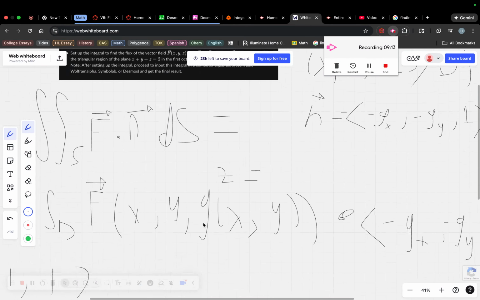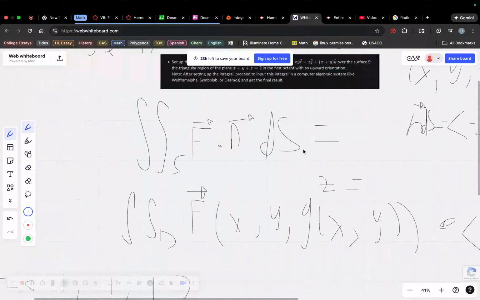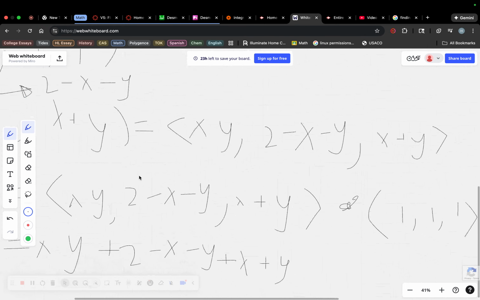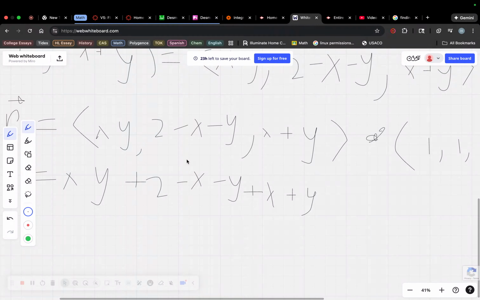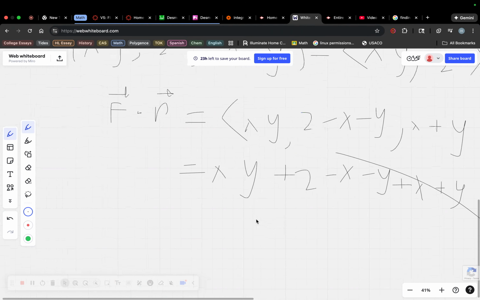All right, so then the next step, I forgot to include, this is not just the normal, it's n ds equals this. That's my fault. And now we get to simplify this. So this all just cancels out. We have xy plus 2.